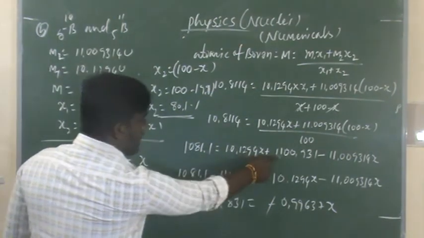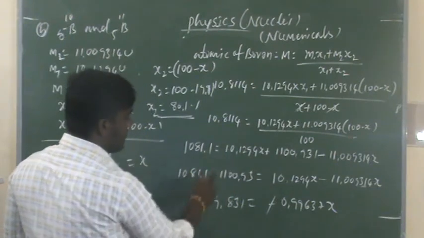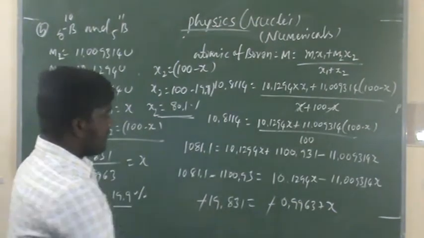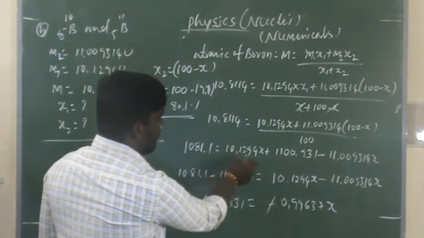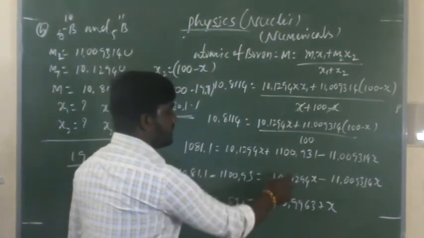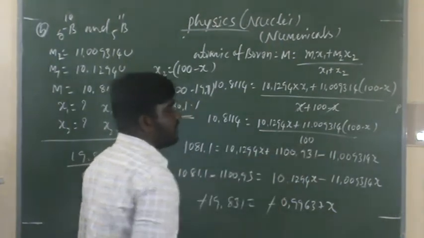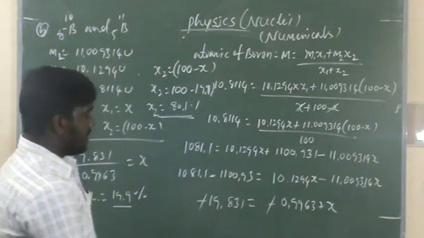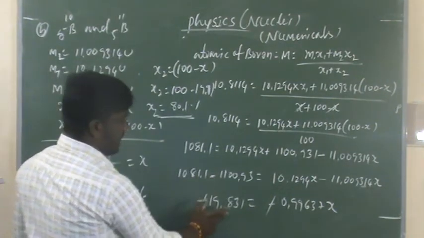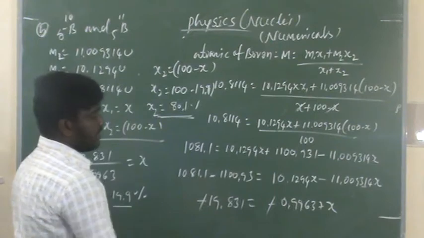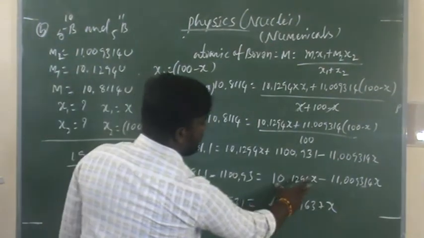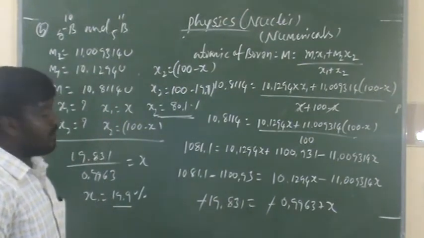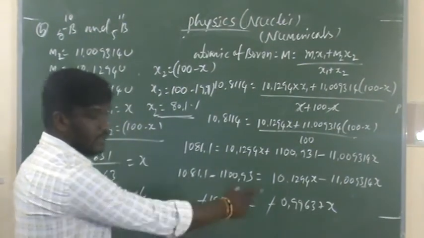1081.1 minus, the positive term coming to this side becomes minus 1100.931, equals 10.1294x minus 11.09314x. So what do we get here? Minus 19.83 when we subtract, which is equal to 10 minus 11, that is 0.9963 into x.